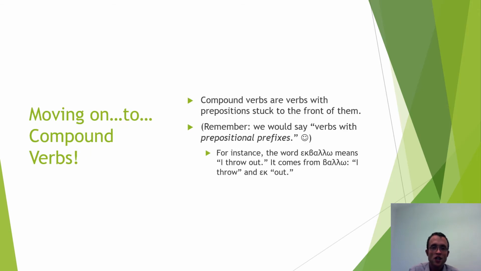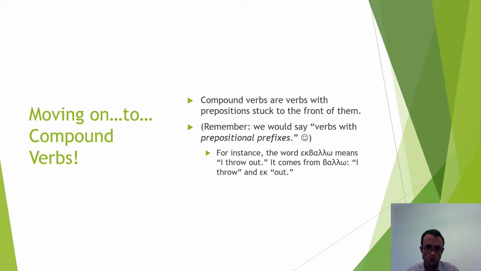Switching topics. In this chapter, we also look at compound verbs, and this topic is kind of connected, as you'll see. So compound verbs are verbs with prepositions stuck to the front of them. So we just learned about prepositions, right? Like outside, in front of, under, next to, above, on, underneath.